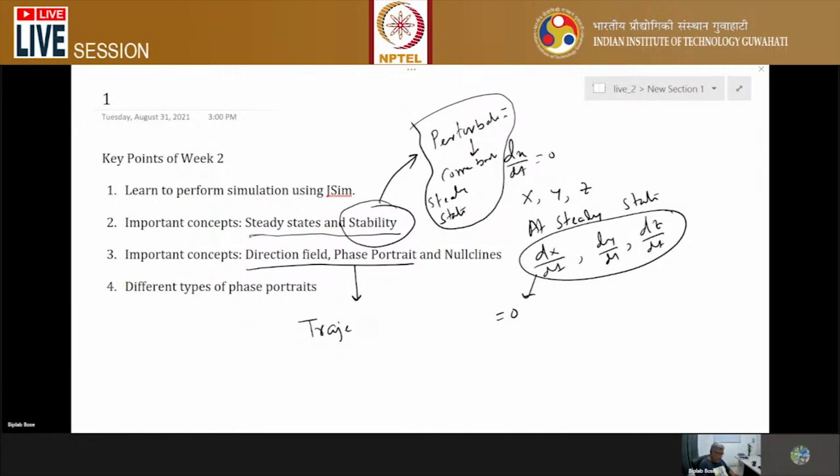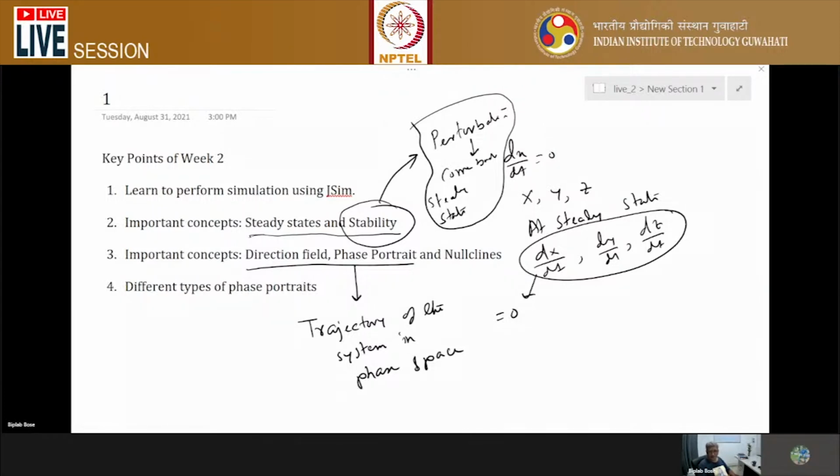This is a very important idea, and I will discuss a particular example problem today in terms of the trajectory of the system in phase space. I will not say plane, I will say phase space.